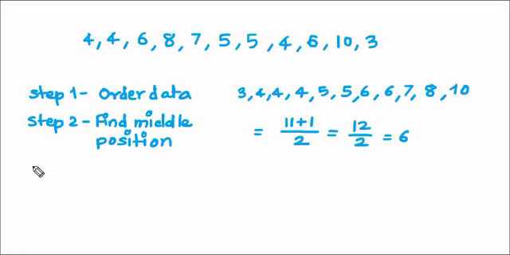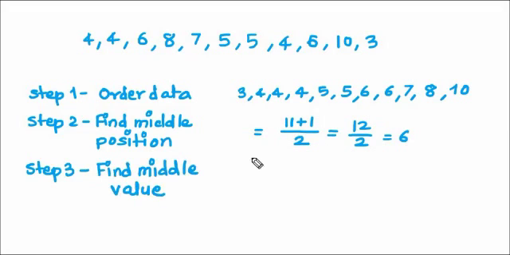And finally, step 3, find the middle value. So median is equal to 1, 2, 3, 4, 5, 6. So the sixth value is 5. So our median is 5.